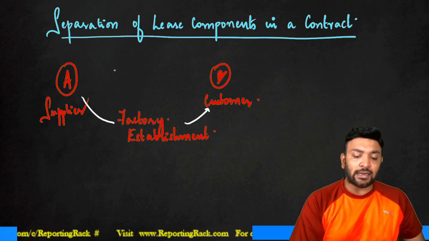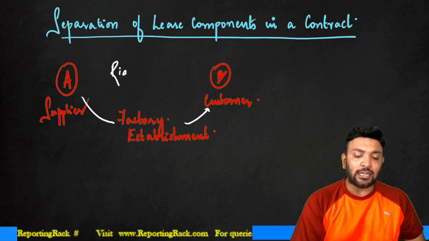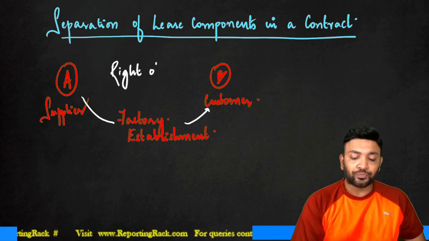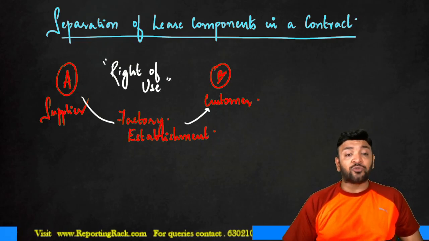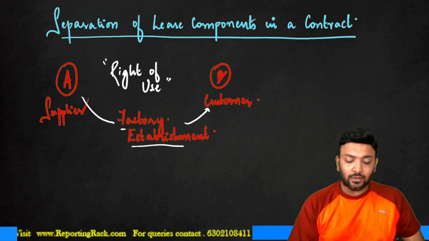This is my right to use, or right of use. He has given a right of use for a factory establishment.